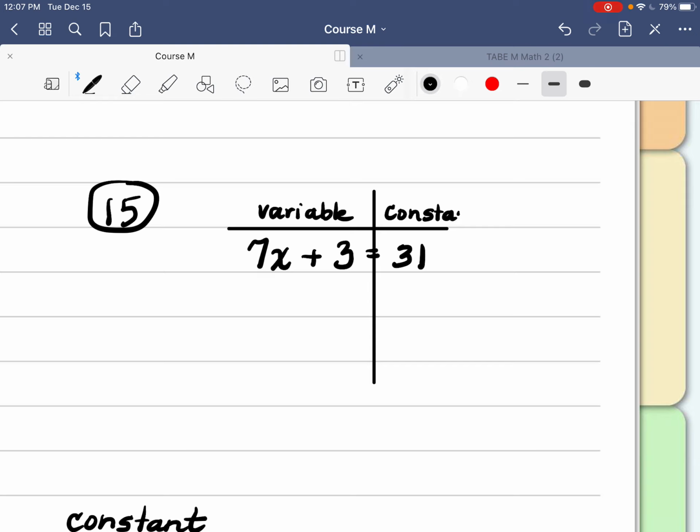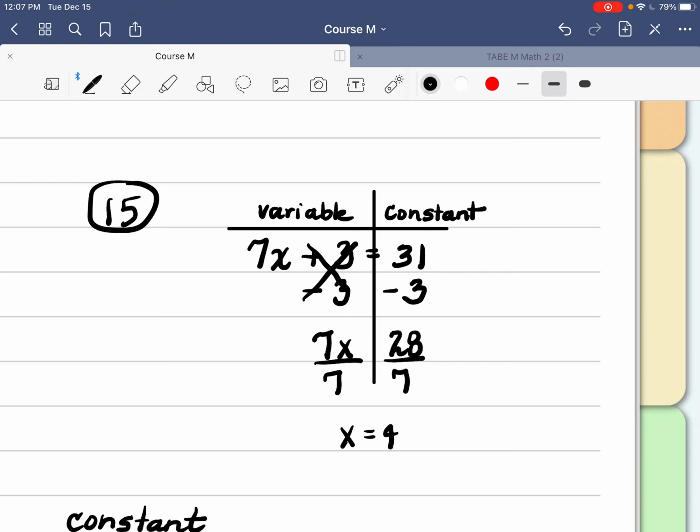And the constant 3 needs to move. So subtract them away, cancel, copy, 31 minus 3, divide by the coefficient 7, and you're left with x equaling 4.